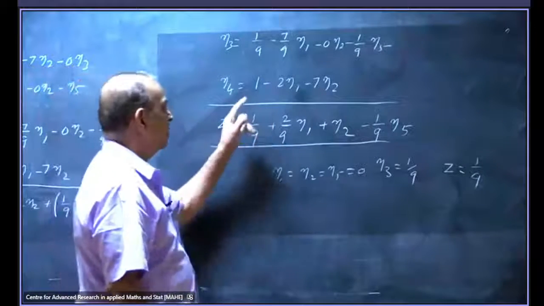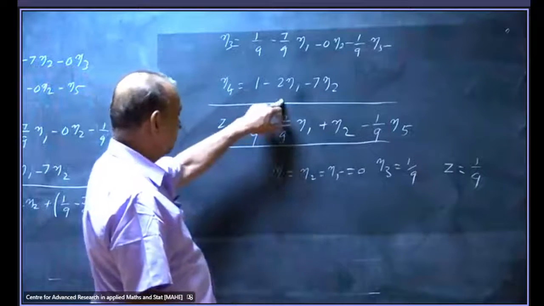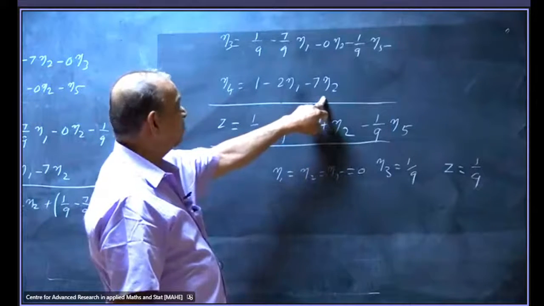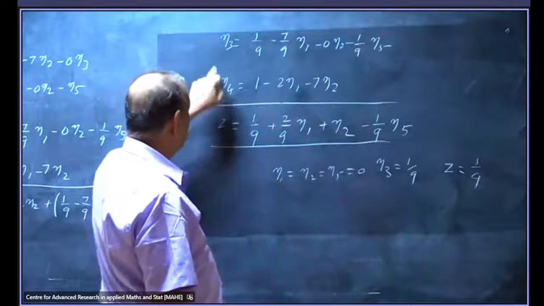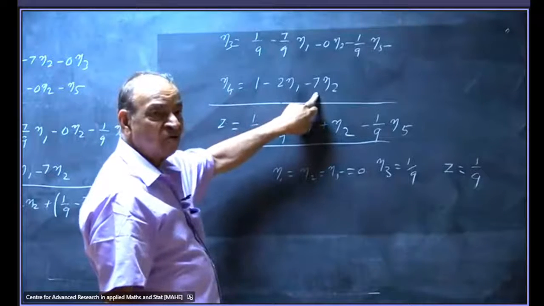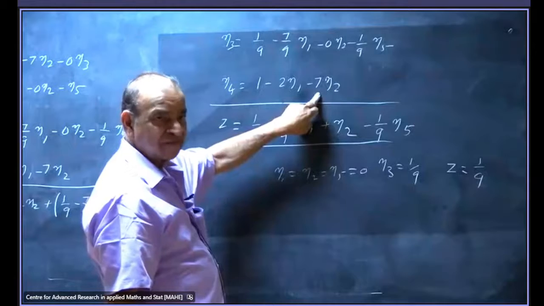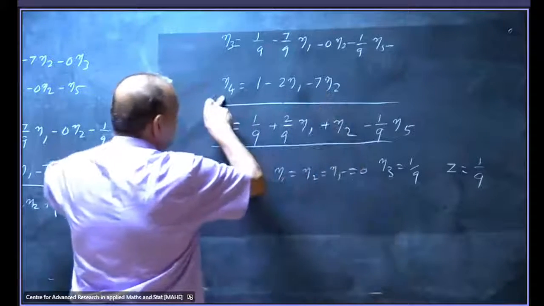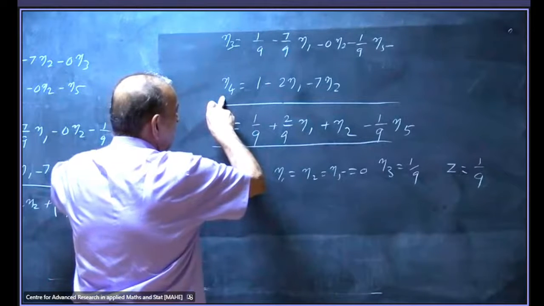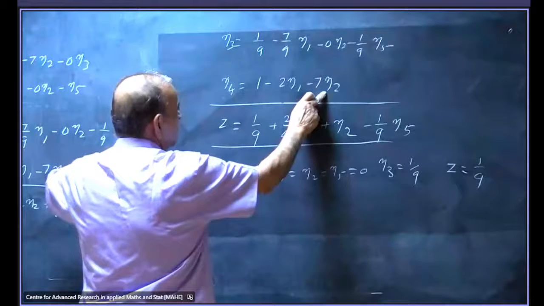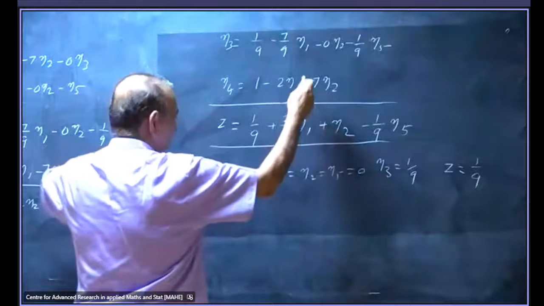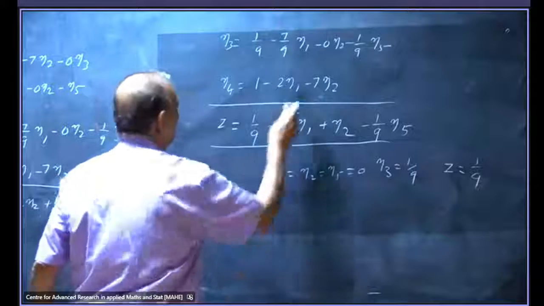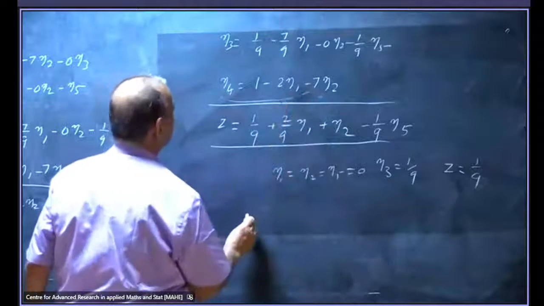See, anyway eta 1 is 0. I can only increase eta 2. Eta 2 can go such that you still maintain the non-negativity. So how far can it go? 1 over 7. Okay? So that means this variable becomes non-basic. This variable becomes which one? This one. Yes? Basic. So I swap this equation like this.